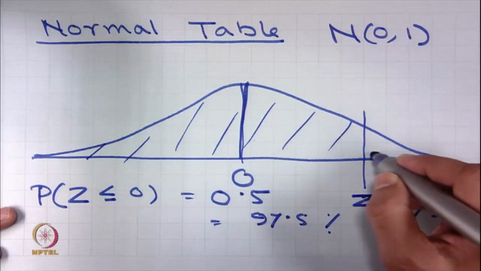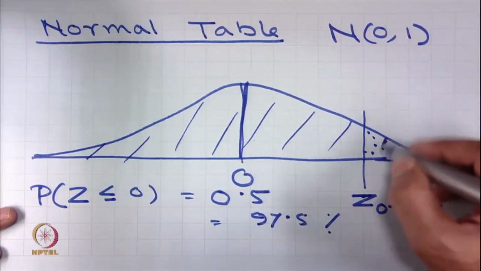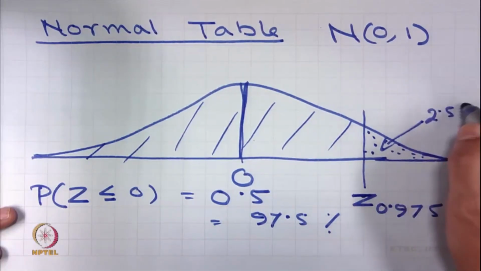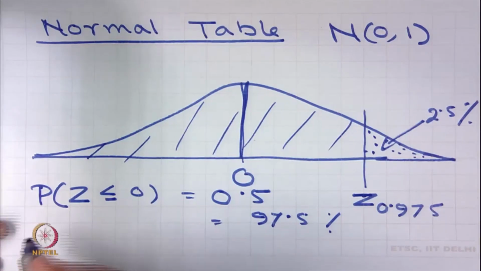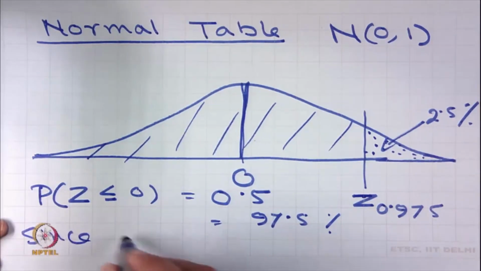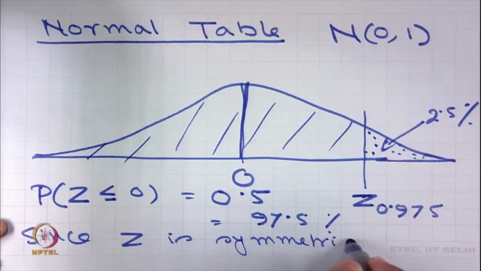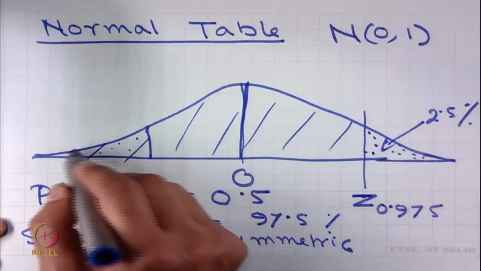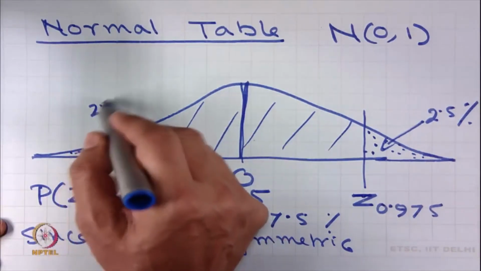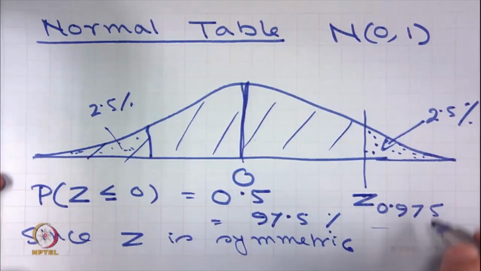That is, this area is 2.5%, and since Z is symmetric, this value such that below this is 2.5% is going to be minus of this.